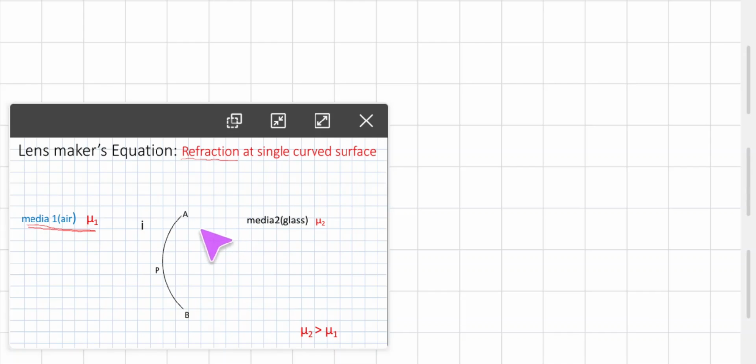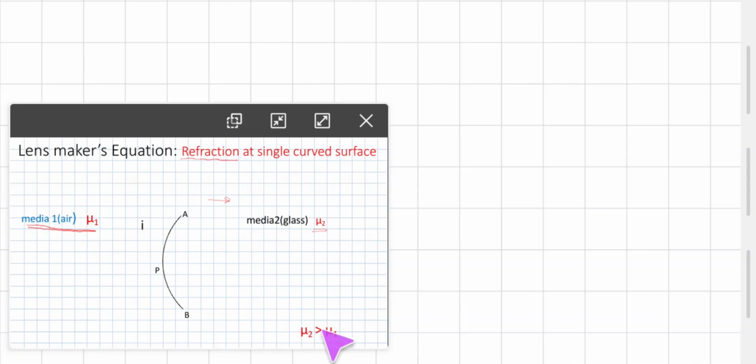Now you see that a first surface of a convex lens is shown. The curve is APB. The refractive index of air is mu1, and on the right hand side there is a glass medium whose refractive index is mu2.